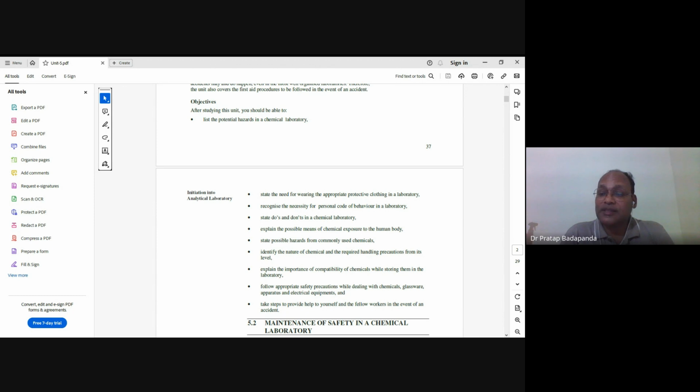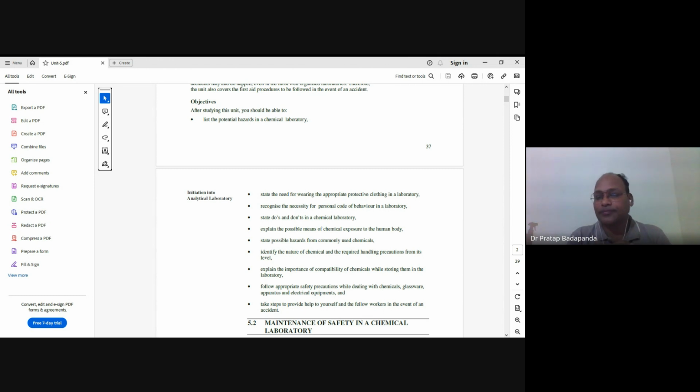Group 1 elements like sodium, if you put sodium hydroxide on your bare hand, it can burn, right? Because on contact with moisture it will react immediately. That's why sodium is stored in kerosene. Okay. So identify the nature of the chemical and the required handling precautions from its label, right?